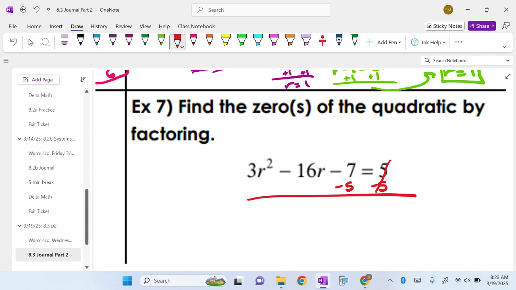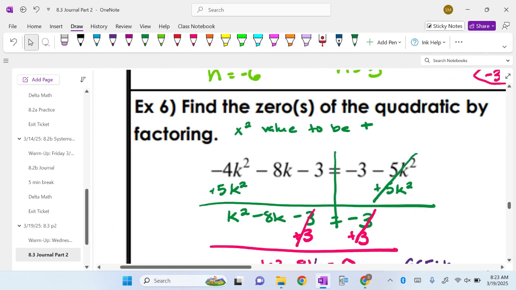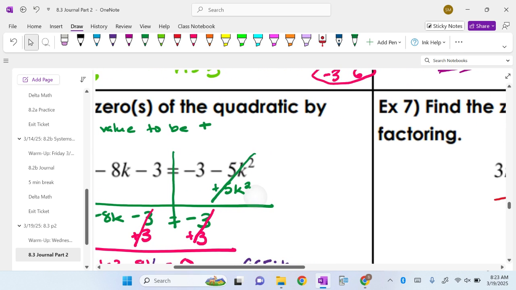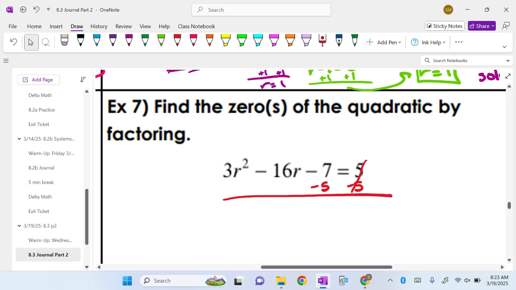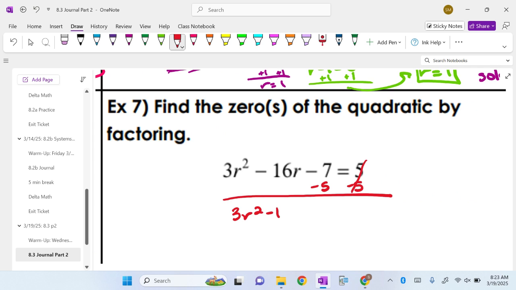Example 6 was kind of hard because you had to move 2 things over to the other side, but it still had less terms than the left side. But when in doubt, if it's just a number on one side, move that number to equal 0. That's the easiest thing you can do. So this would be 3r squared minus 16r minus 12 is equal to 0.